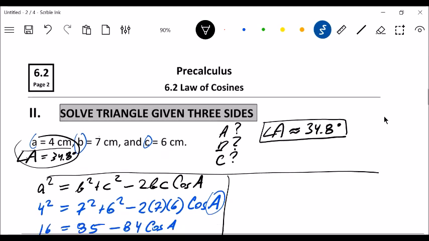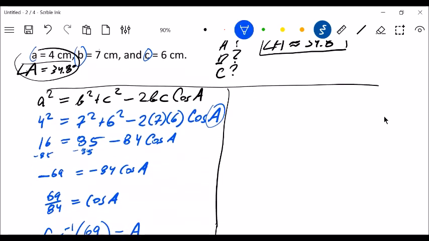It doesn't matter which one. So I'm going to do B. So actually, let's think of this as my first thing was here, first step. And then now my second one is here.